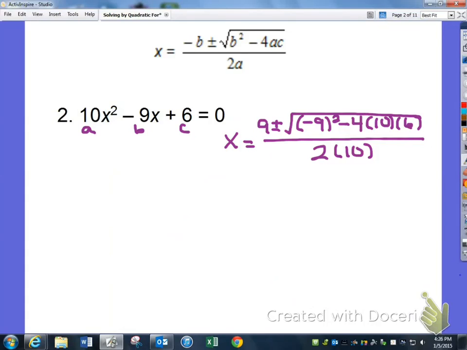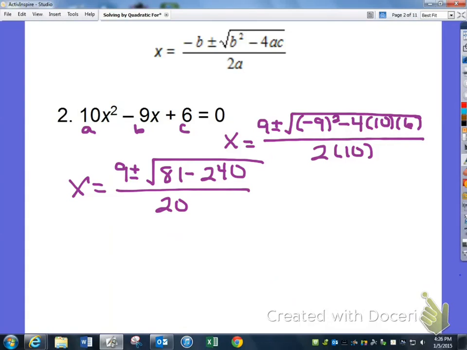Well, if your b is already a negative it's always a positive. So 9 plus or minus the square root of -9 squared minus 4 times 10 times 6, all over 2 times 10. So let's simplify inside that radical, and let's see if you get the same thing that I get. Let me pause here and give you a chance to do this, and we'll match answers.